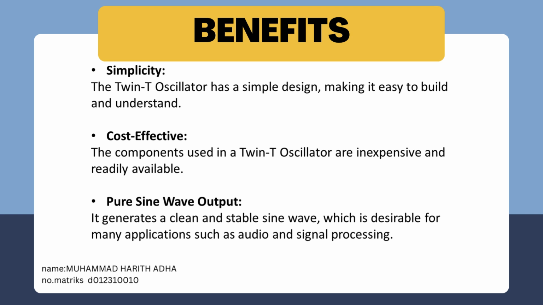Secondly, how cheap it is, because it only uses very simple components, making it very inexpensive and very easy to find. And lastly, how pure a sine wave output it can make. It generates a clean and stable sine wave, which is desirable for many applications such as audio and signal processing.